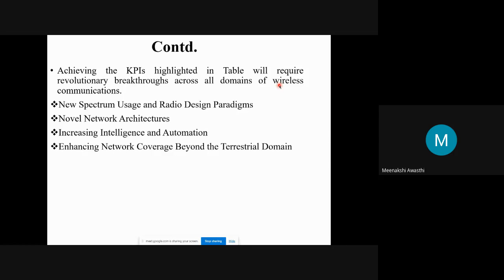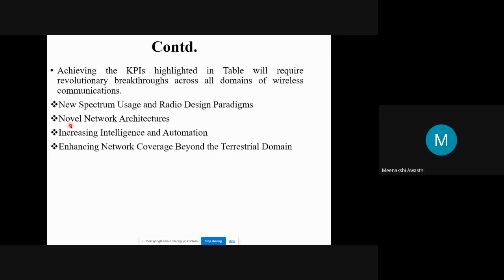The first is a new spectrum usage and radio design paradigm. These are the four key points you can see here. Of course, you will be looking for a new spectrum, and new radio design paradigms are also required to obtain such efficient KPIs for 6G.